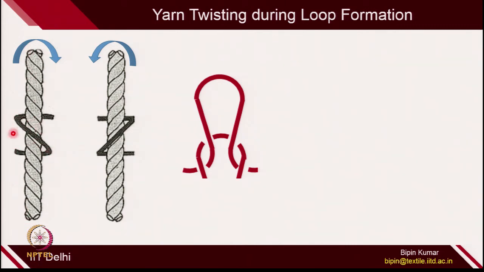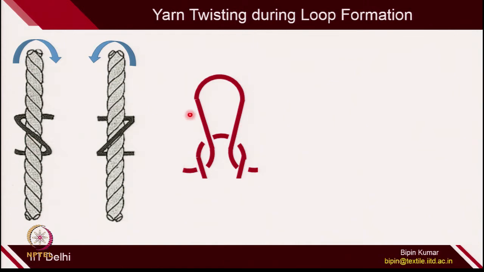This is the direction of S twist, and this is the direction of Z twist. During the loop formation, additional twist is imparted to the yarn. For example, if you see the direction of the yarn in this loop, this portion of yarn matches the direction of twist in S.